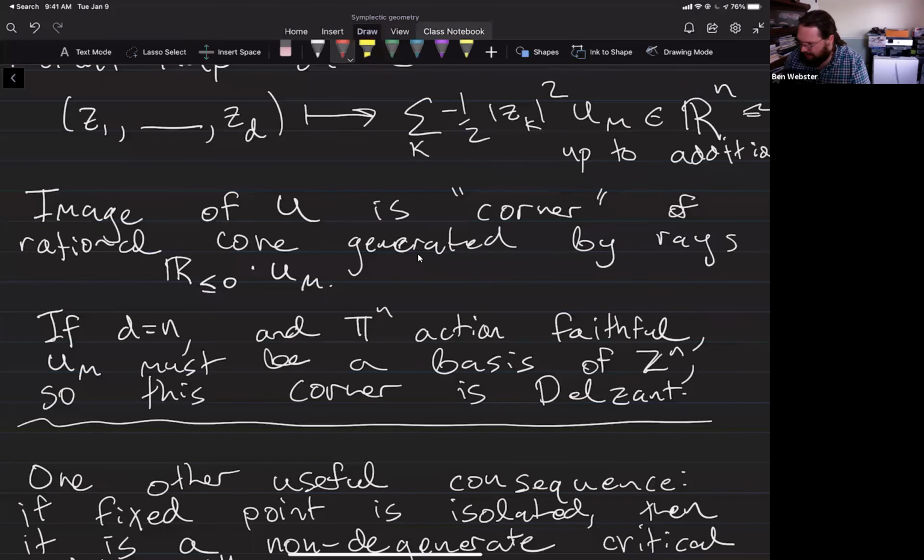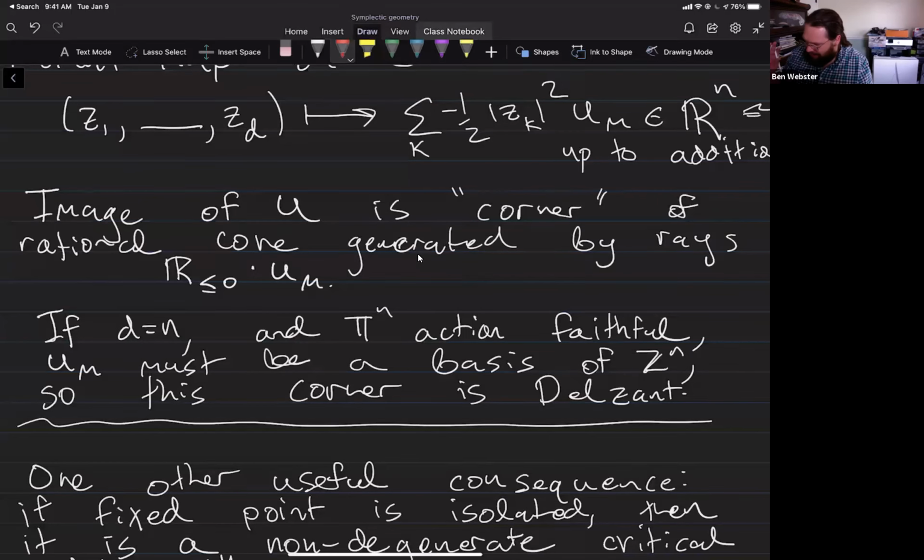So if D is equal to N and the torus action is faithful, then that tells you that U1 through UN must be a basis of Z to the N. If they didn't span Z to the N, then there would be some element of the torus that was acting trivially on the whole neighborhood around that fixed point. And one of the details I didn't fully sort out for myself is why that means it acts trivially on the whole manifold, but I think you can get that.